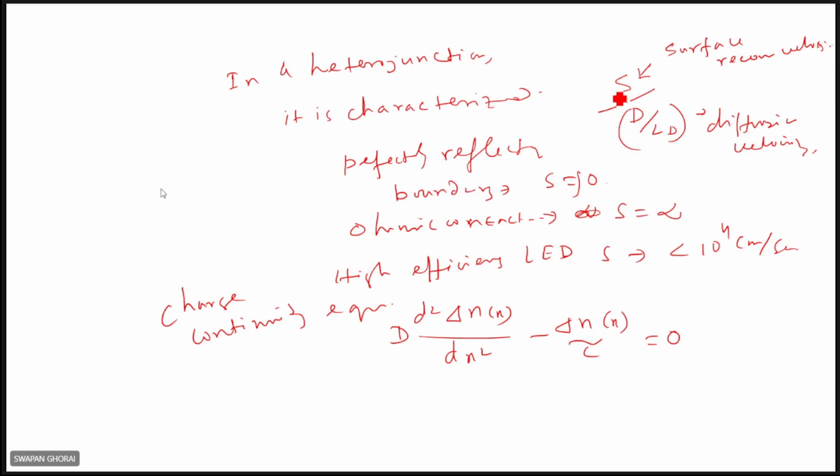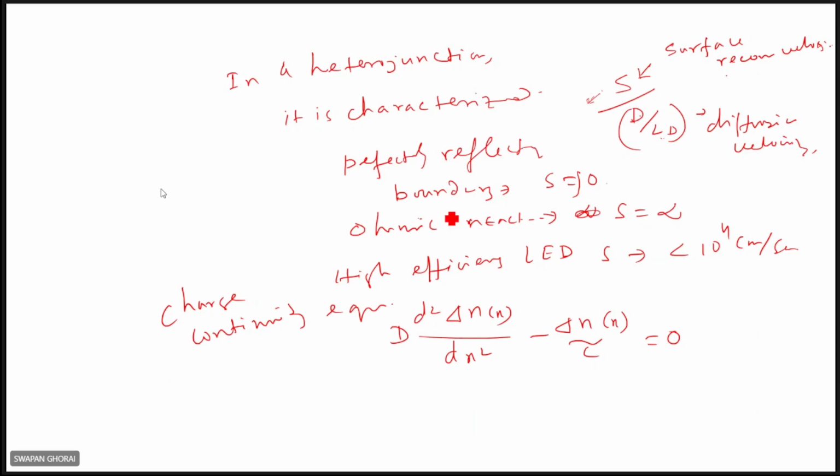So any interface or heterojunction is characterized by the ratio S by D by LD, where S is the surface recombination velocity and D by LD is the bulk recombination or diffusion velocity. It is called velocity because the unit is in terms of velocity. This term represents the surface recombination, and D by LD represents the bulk recombination within the volume of the material.